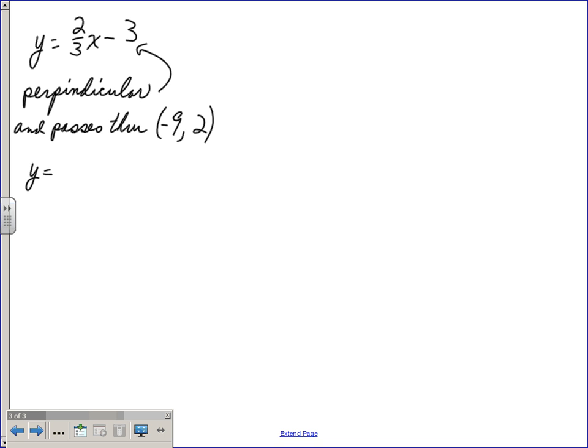So y equals negative 3 over 2 x plus b. I'm going to put in 2 for y, put in negative 9 for x.